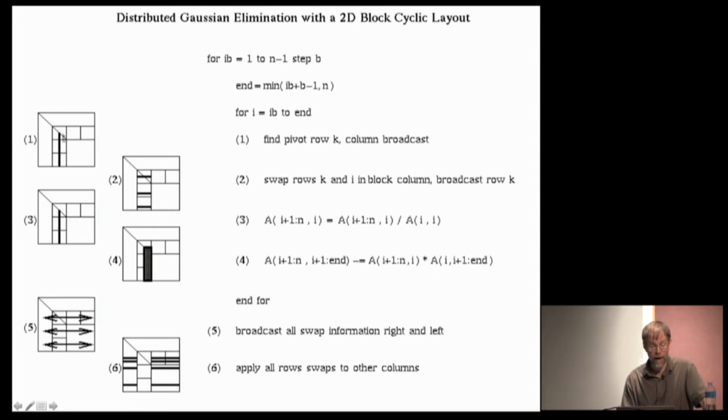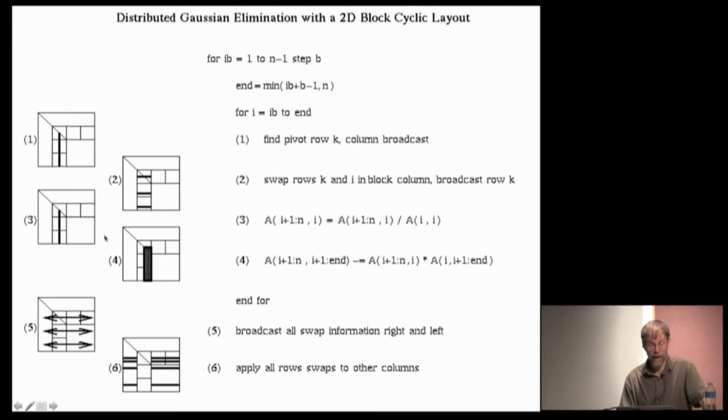That black line indicates all the data that's part of the reduction, and those 3 processors are participating. So that's the first line of code. The second line of code says, if the biggest guy is down here, I have to swap him up there. Furthermore, I have to broadcast him to all the other processors because everybody's going to need to subtract a multiple of that row from everybody else. So here I have a point-to-point communication and a broadcast of a row. That's the second line of code.